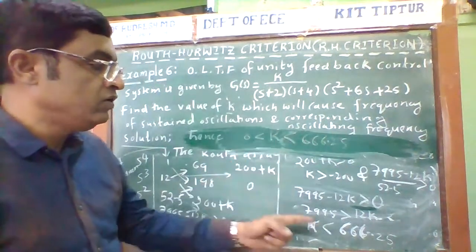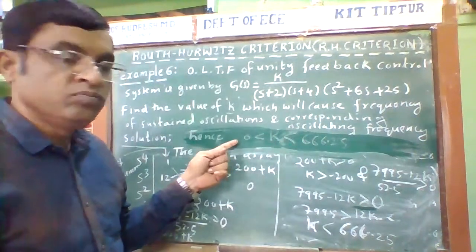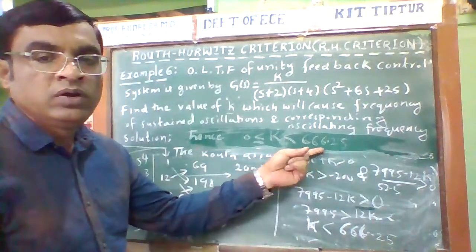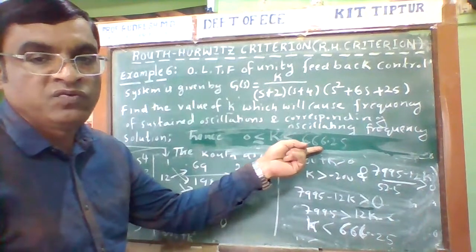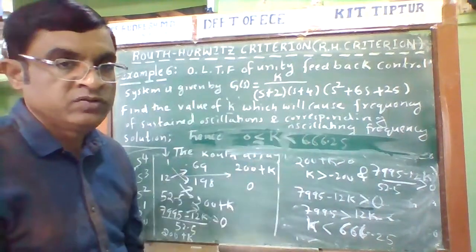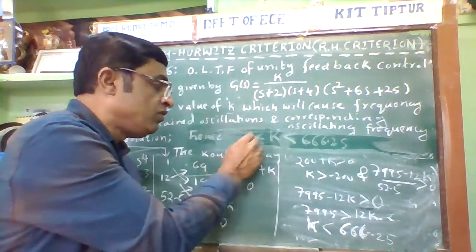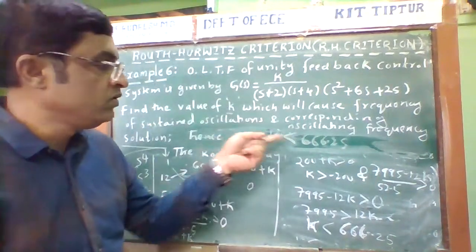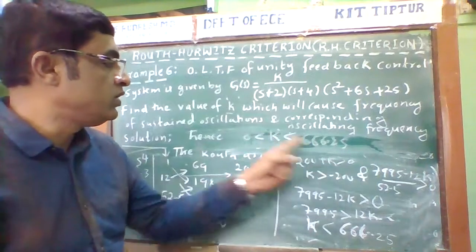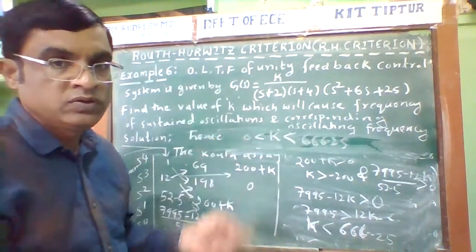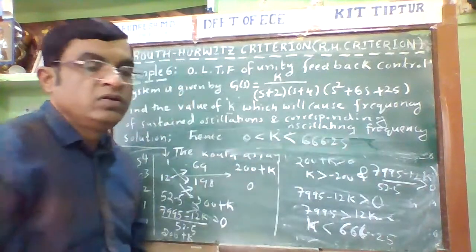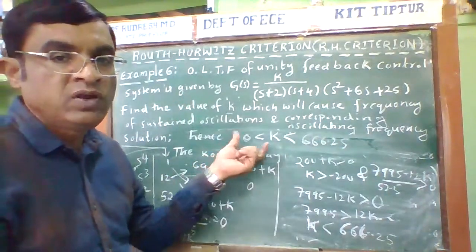The practical values of k range from minus 200 up to 666.25, for which the system is stable. The practical value is taken from 0, so instead of minus 200, you take 0. So the range of values of K is between 0 and less than 666.25.